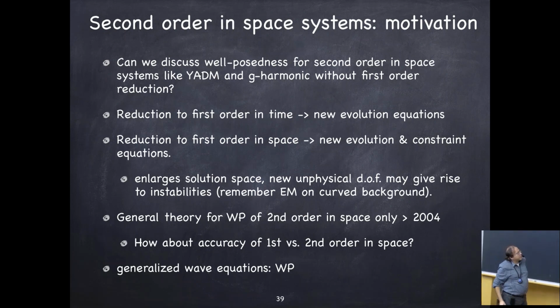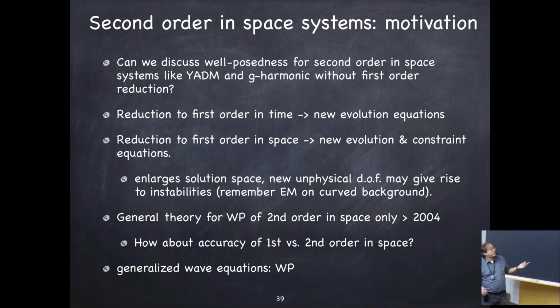Now, I have some slides about second order systems, which I want to go through very, very quickly. If you have already seen the ADM equations, they're actually second order in space. By introducing the extrinsic curvature, you have first order derivatives in the metric, so it's first order in time, second order in space.